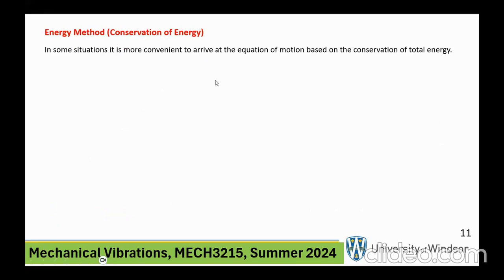Let me remind you what the idea is. In the absence of any dissipation, in the absence of any energy loss, of course, energy is conserved. We're interested primarily in mechanical energy here, not thermal energies and things like that.